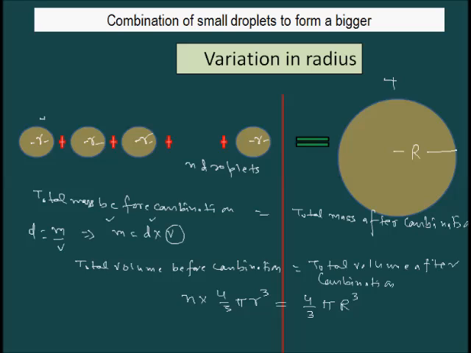From here we can calculate R cube is n r cube, and R is n to the power 1 by 3 r. So the new radius is n to the power 1 by 3 into r, or you can say the new radius is the cube root of n into r.